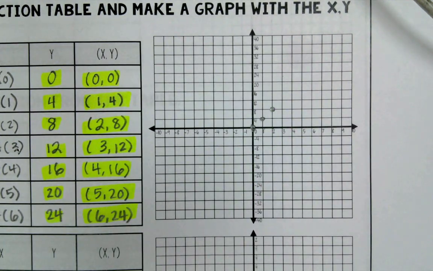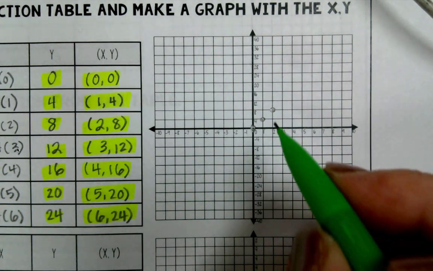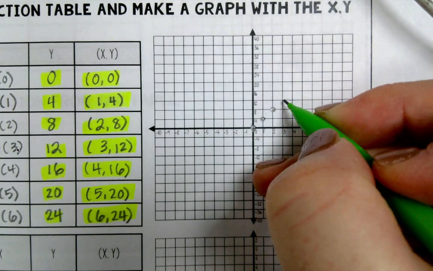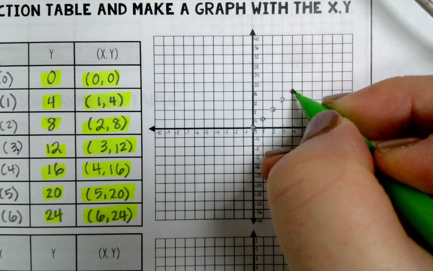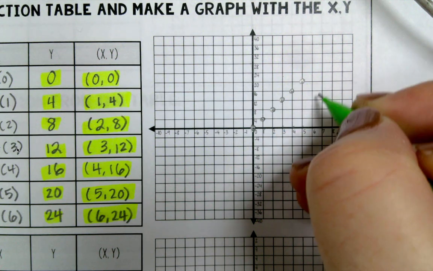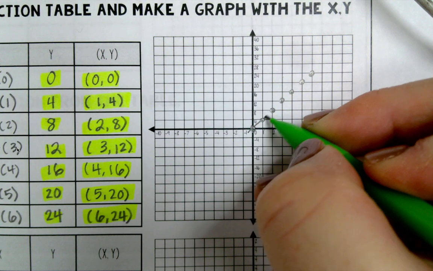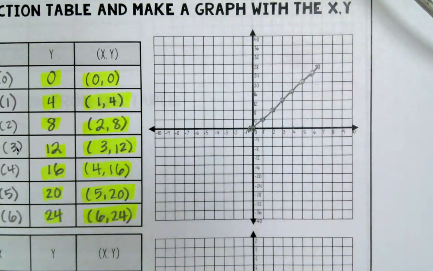As you can see, the creator of this graph made it really nice for us to have intersections where our points will fall. Very nice. Over 3, up 12. Over 4, up 16. Over 5, up 20. And then over 6, up 24. Just going to connect those. That's it.